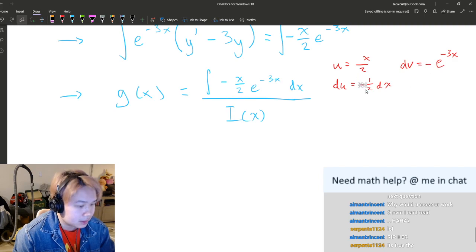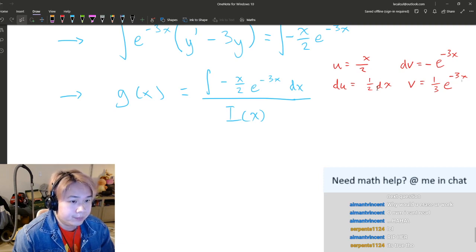I think that makes more sense. So your v is 1/3 e to the negative 3x. Yeah, this looks about right, I think. I don't think anyone in chat can tell me otherwise.